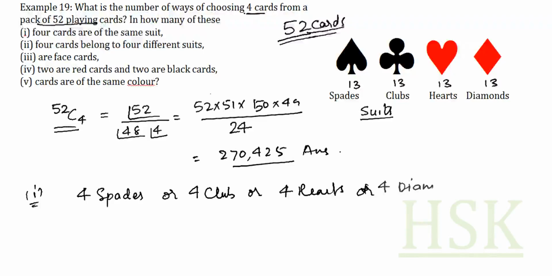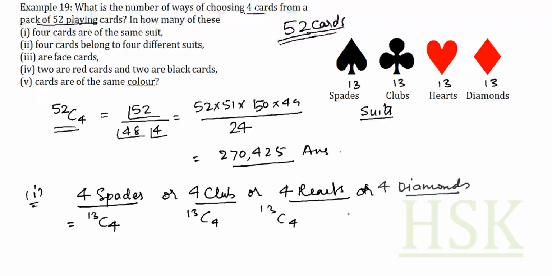The number of ways of selecting 4 spades is 13C4. 4 clubs, again 13C4. 4 hearts, 13C4, and 4 diamonds, 13C4. Because it has to be spades or clubs or hearts or diamonds, we have to add all these ways.